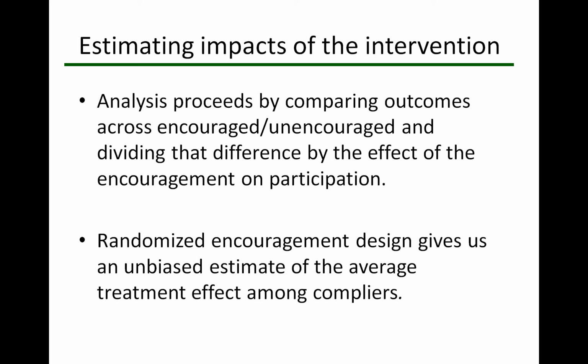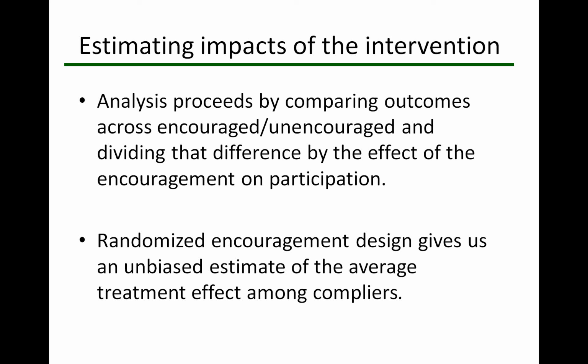Looking at that difference, you can construct an unbiased estimate of the impact of weatherization on a certain group. And that certain group is the group of people that we were able to encourage into the program. This is a slightly nuanced but important clarification.